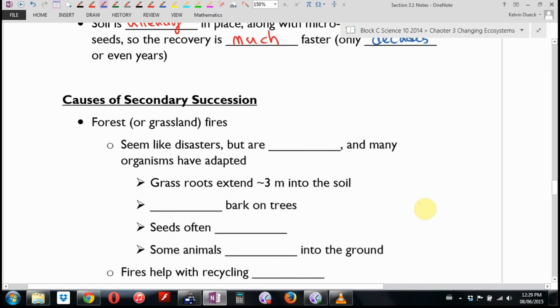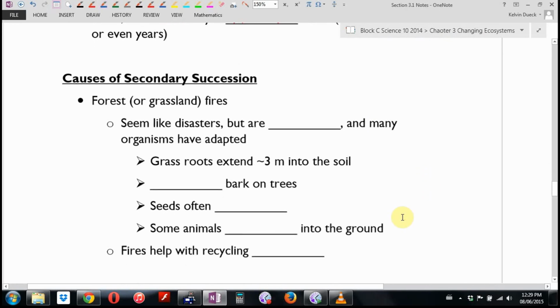Natural causes. One of the big ones in BC, in North America, is forest or grassland fires. They seem like disasters, but actually they're part of the natural cycle of growth and decay, and many organisms have adapted. For the past couple of 100 years, our policy was to prevent forest fires, and we've realized that's not the best way.